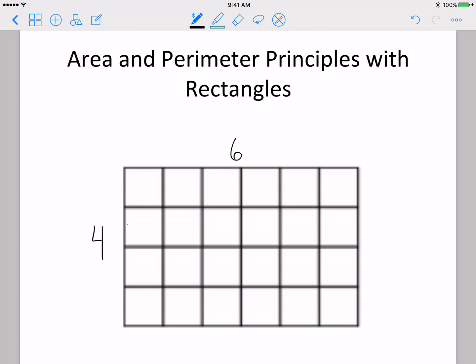For the sake of teaching, let's say that these squares are in inches. So let's say this is 4 inches by 6 inches. So if we're thinking about area, we know that area is equal to length, which is your long side, times your width.